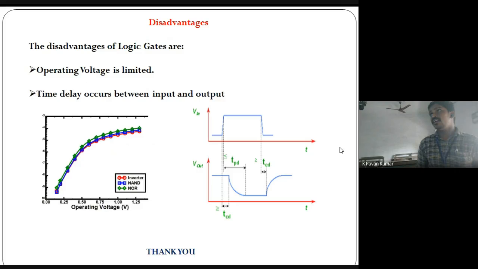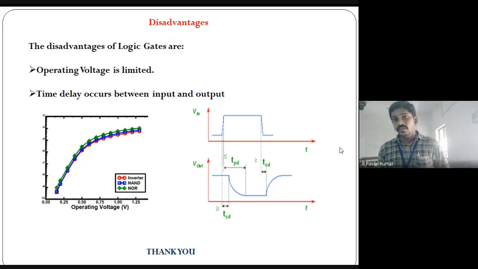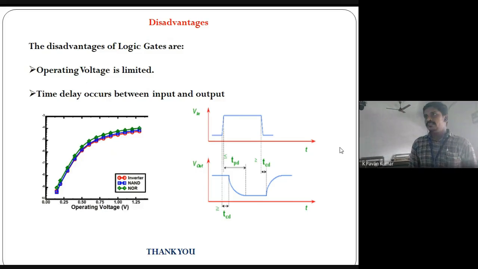And the disadvantages are also pointed out here. Operating voltage is limited. Time delay occurs between input and output. Operating voltage: you have to look at the graph. Operating voltage and inverter.